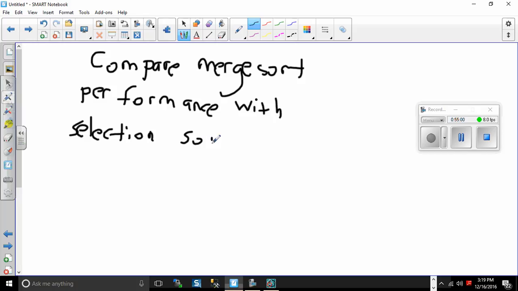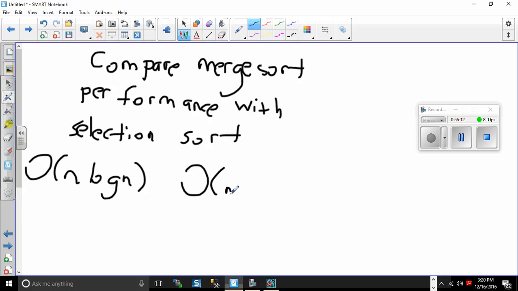All right. So we know that the merge sort is big O of n log n, and the selection sort is big O of n squared. So how can we use these two big O notations to compare?